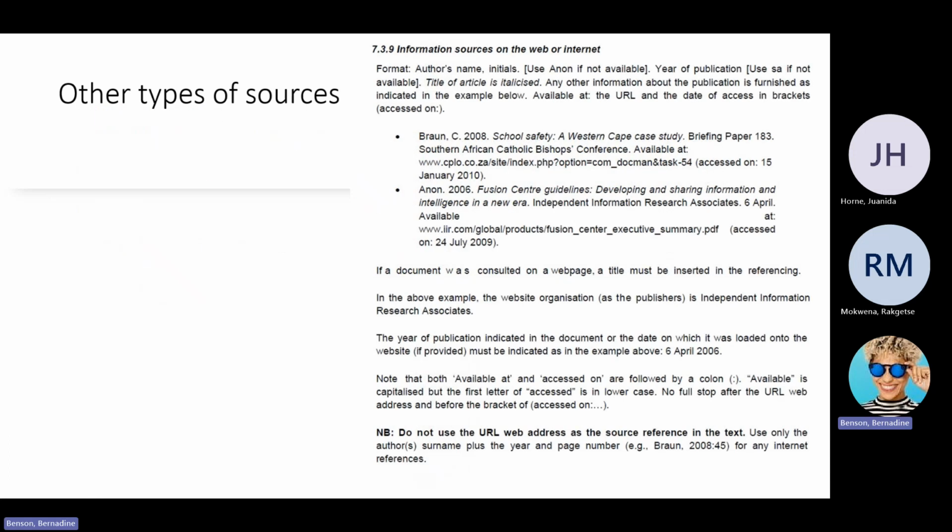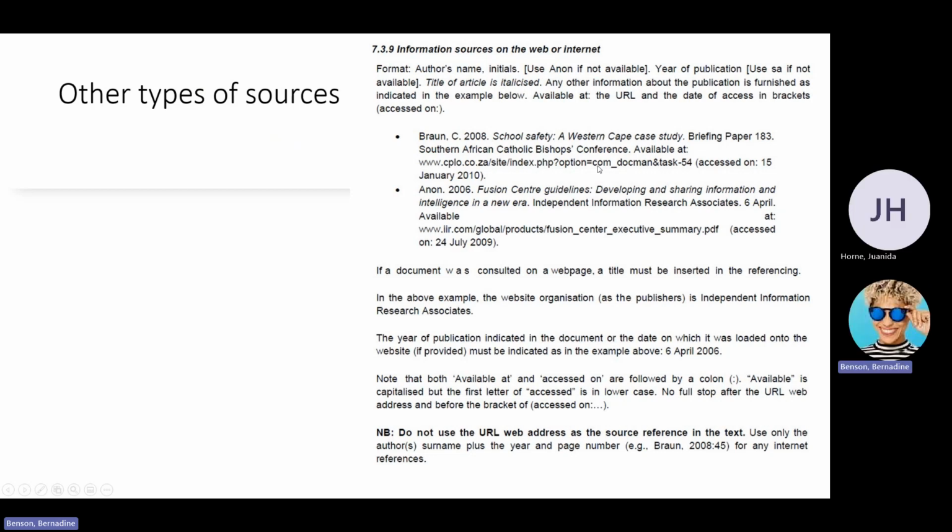Now, there are other types of sources, let's say from the internet, from the World Wide Web, and it's important that you use the correct formatting. Some of these sources have authors, some of them don't have authors. It is also important that you put the URL in of where you got the source, as well as the date that you accessed it on.